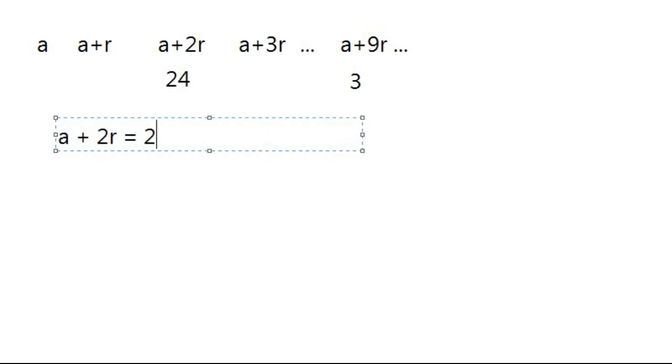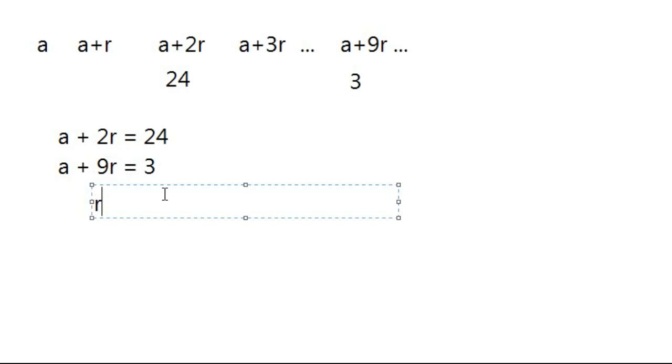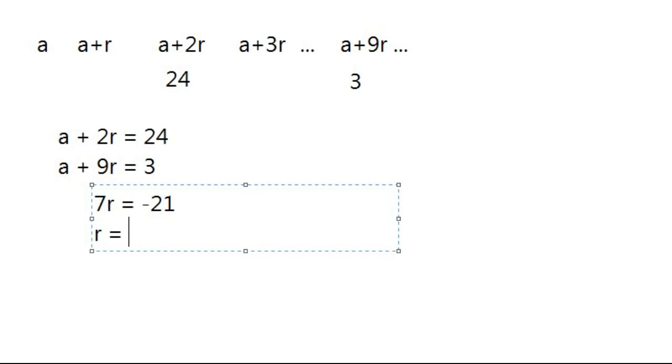So a plus 2r will equal 24, and a plus 9r is equal to 3, and I'm pretty sure everyone here would be able to do this question to get r. Well, actually I'll do the calculation. 7r is equal to 3 minus 24, which is negative 21, and r will be equal to negative 3.